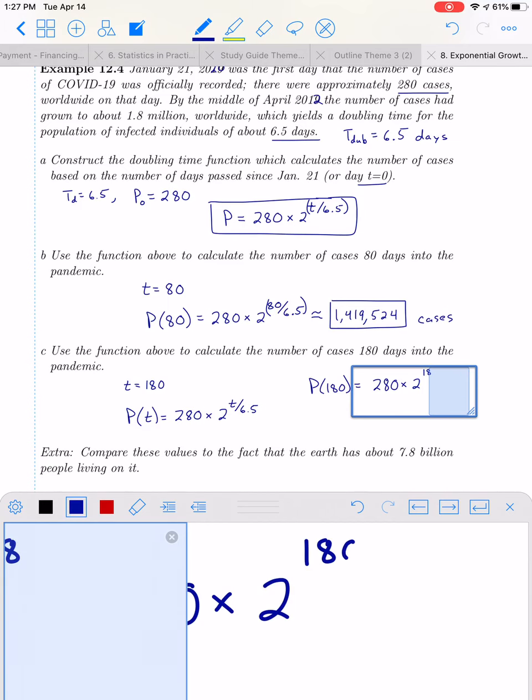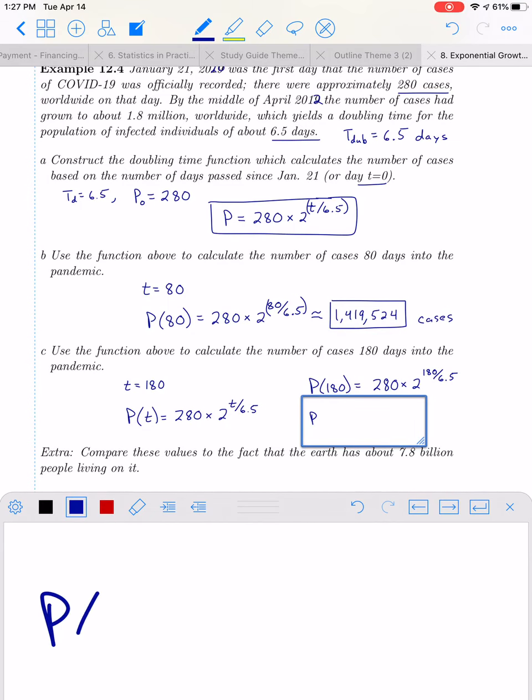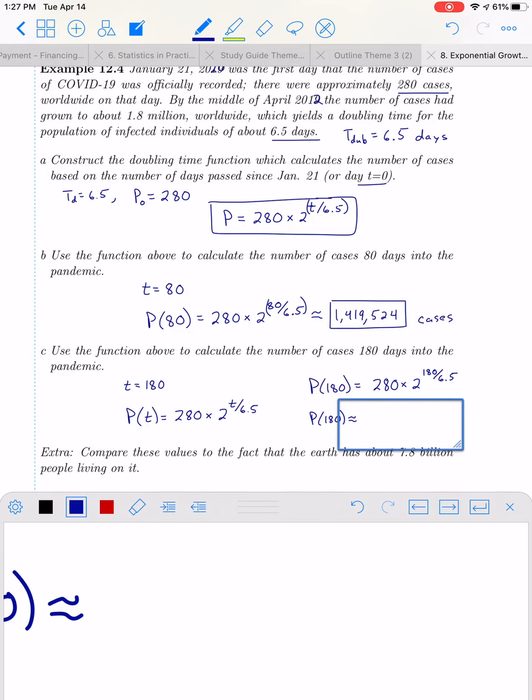the 180 divided by 6.5, and this actually approximately comes out to a rather large number. It's in the tens of billions. It's 6.07.